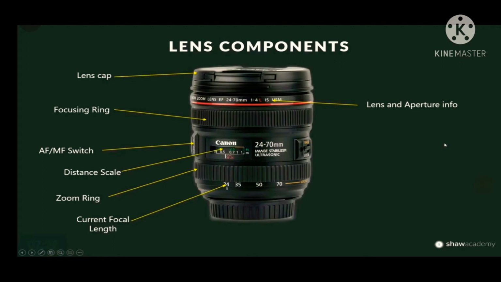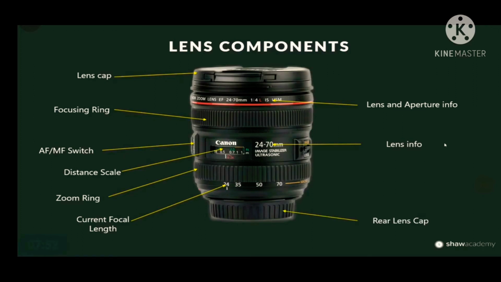IS is image stabilization, and USM is ultrasonic motor. There's a lot of information to take in there. But basically what this means is it's a 24-70 millimeter lens with an aperture range starting from f4. It also has image stabilization in it as well, and is very quiet at focusing. Again, we can find all of that information here as well.